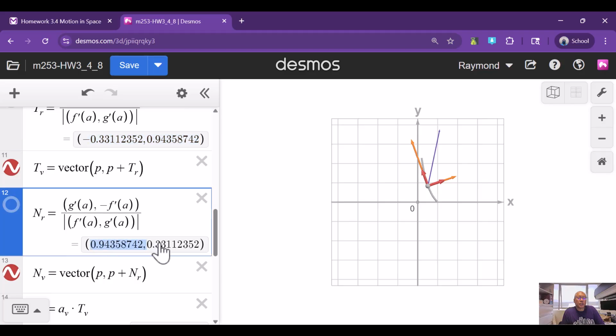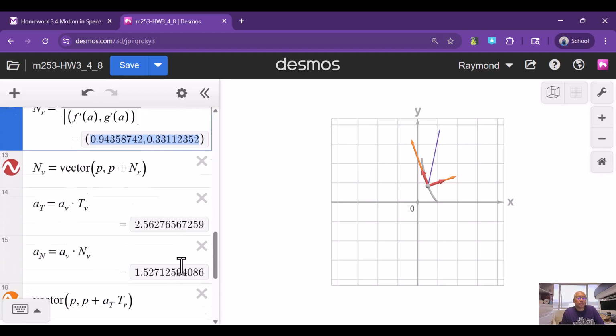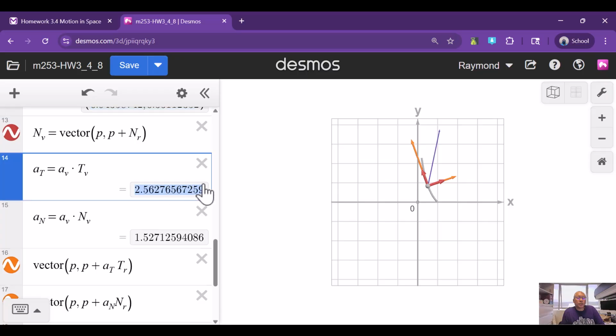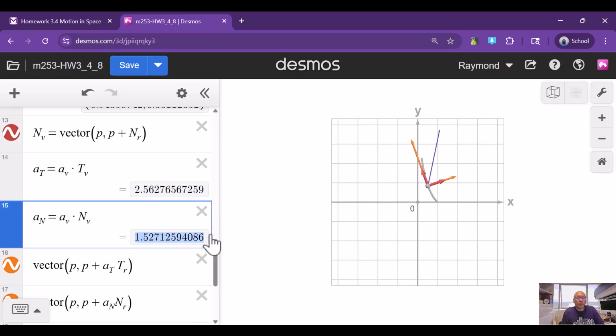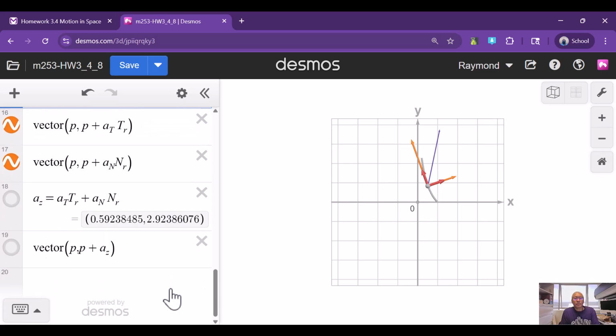And if you take the dot product of the unit tangent vector and the unit normal vector, you should get 0 because they're perpendicular. We found the value for the scalar a sub t. That's the tangential component of the acceleration, and we found the scalar value for a sub n. That's the normal component of the acceleration.